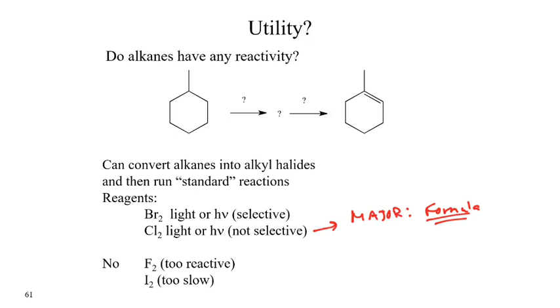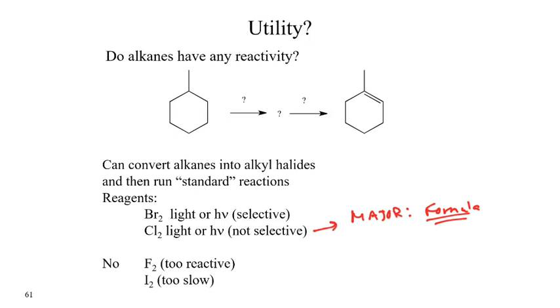Iodine is too slow. Iodine is so selective that it only forms that most stable radical, which is fantastic. I would get a much higher yield of the product that I wanted. Bromine is kind of that balance, so we're losing some, but we don't lose a lot.